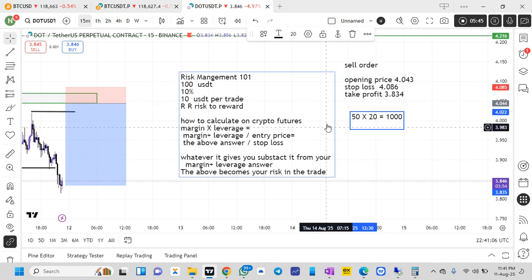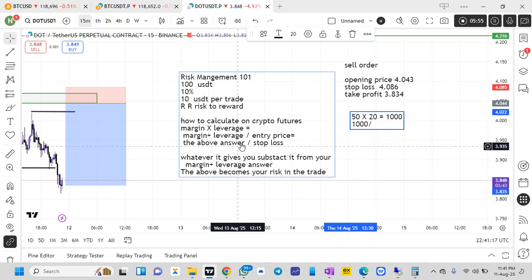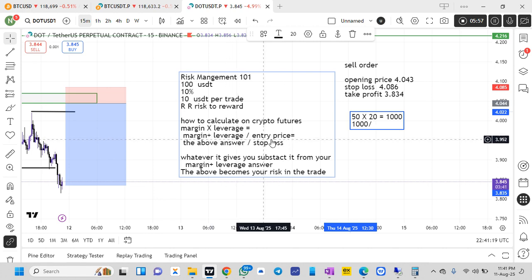So now what you want to do is take this 1,000 that you have here and divide it by your entry price.